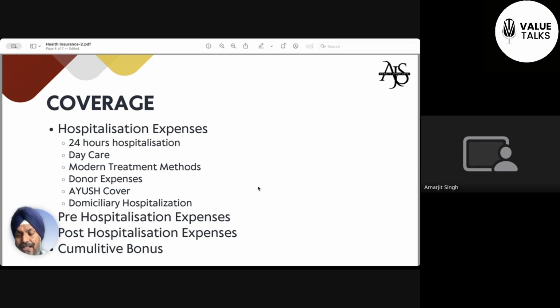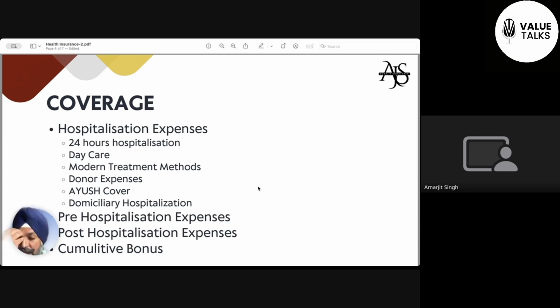Domiciliary hospitalization is basically when a person is in a critical situation, he needs to be hospitalized, but there is no space available in hospital, or the condition is so critical that shifting him from home to hospital is very difficult, especially some burn cases or broken bone cases. Sometimes it is more dangerous to shift to the hospital rather than taking care of them at home.